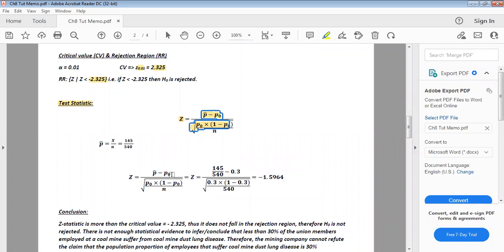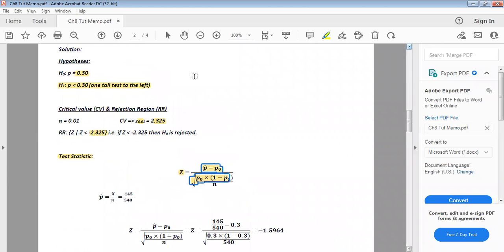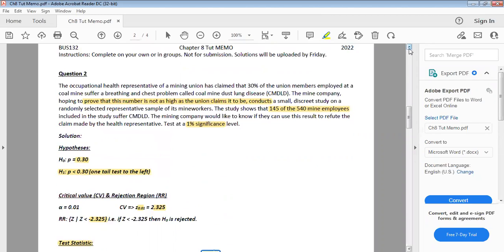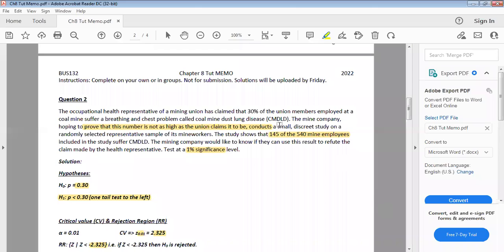P0 is our proportion value that we found there. Remember, our proportion here is 30%. He claimed that 30% of the union. That's our proportion. Sorry, I made a mistake. I think I told you in the beginning that P0 is 145 over 540.